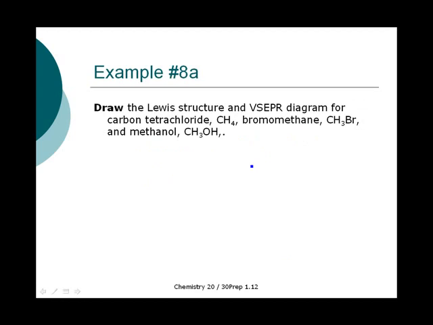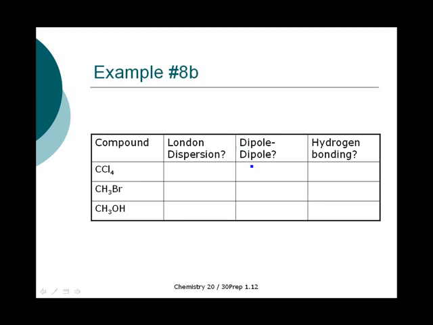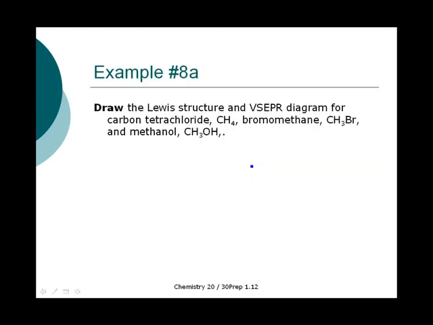So one more set of examples. We're going to draw the Lewis structure and VSEPR diagrams for carbon tetrachloride, bromomethane, and methanol. Before I move on, I suppose I should draw the pictures.